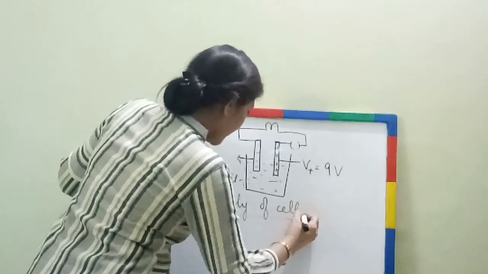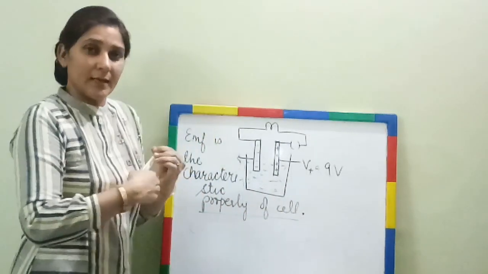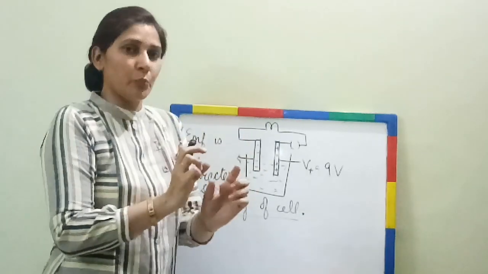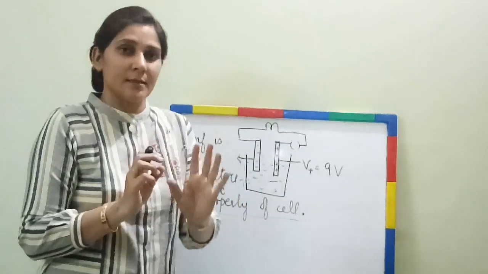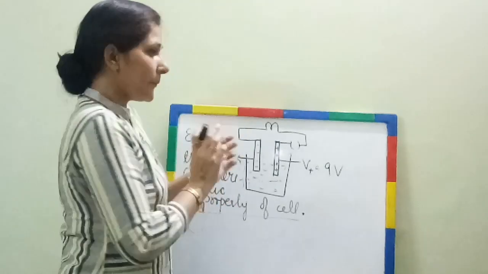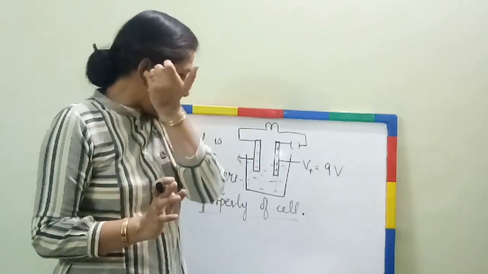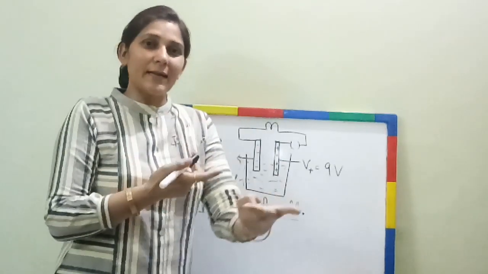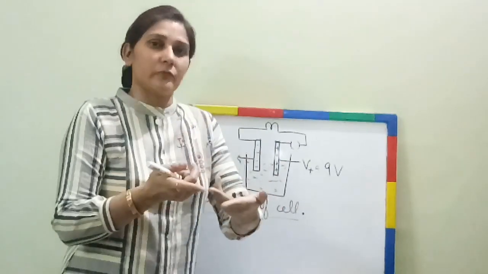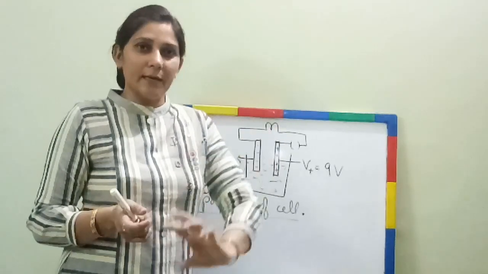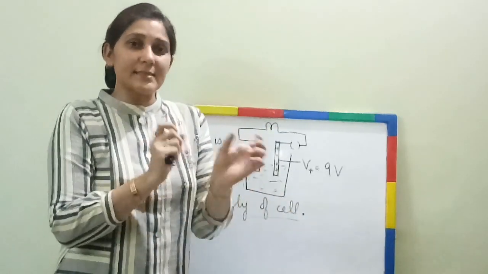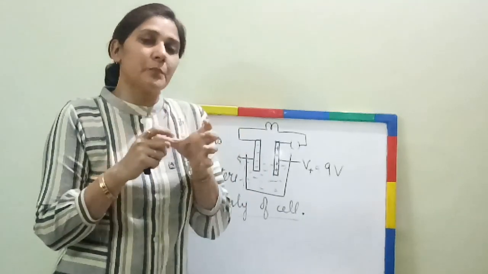Means if EMF of a cell is written somewhere, you can talk about कि this cell is going to provide how much potential difference. Okay, suppose I buy a cell from a shopkeeper and I read it out. तो उसके ऊपर लिखा होता है 12 volt, 15 volt. So what is that giving? That is giving you the EMF of the cell. Means ये सेल 12 वोल्ट का है, ये सेल 15 वोल्ट का है, ये सेल 20 वोल्ट का है, 25 वोल्ट का है. That is EMF. So that is the characteristic property of the cell.